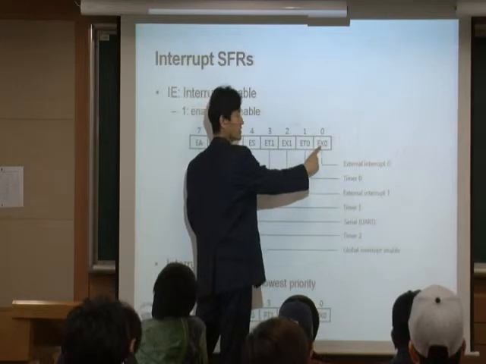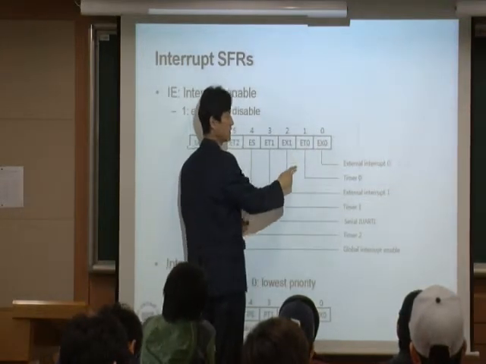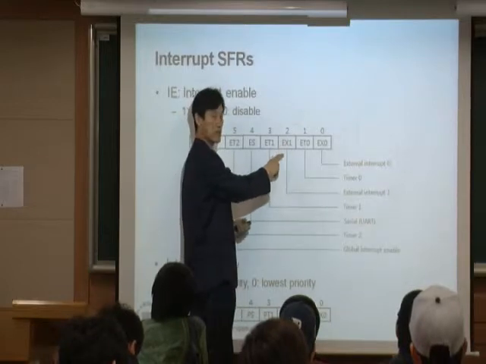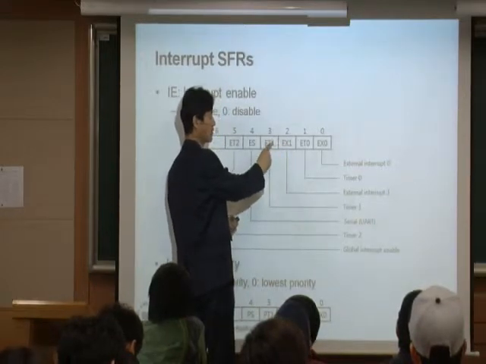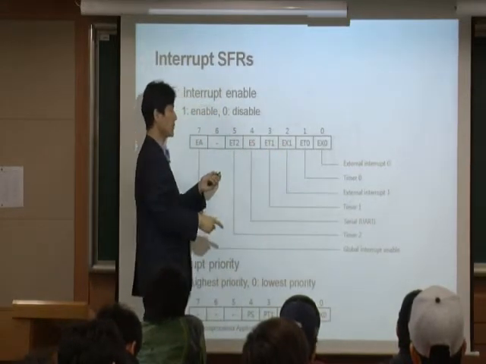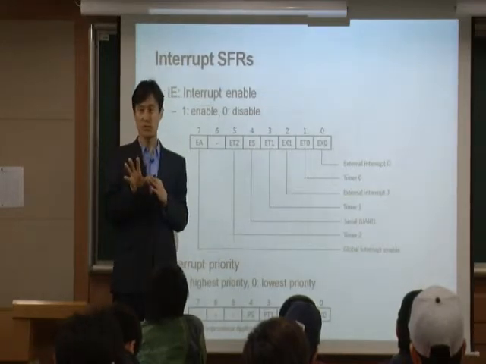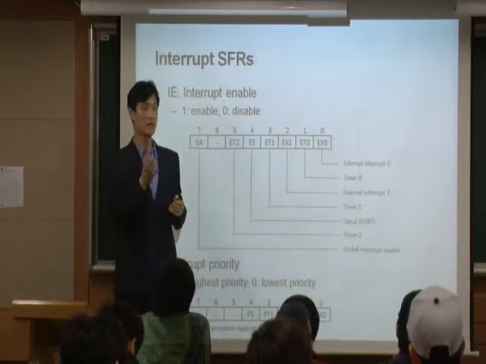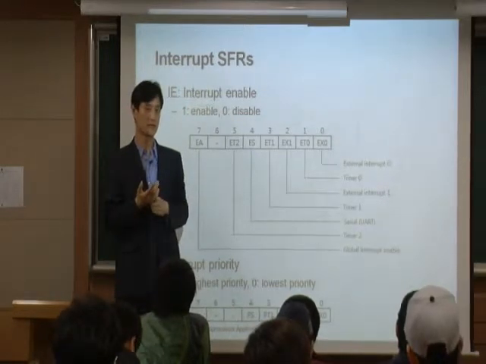This one is external interrupt 0. This is timer interrupt 0. X means external interrupt 1, timer 1, and this is the serial port. We have 5 different interrupt sources. So each bit is the enable bit for each different source.